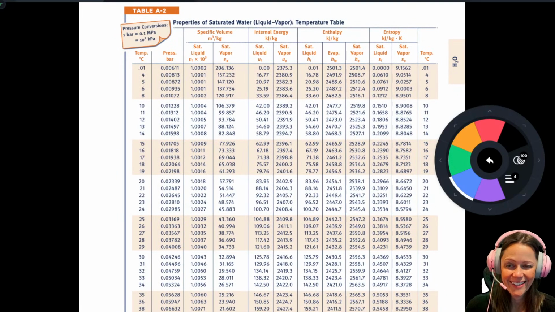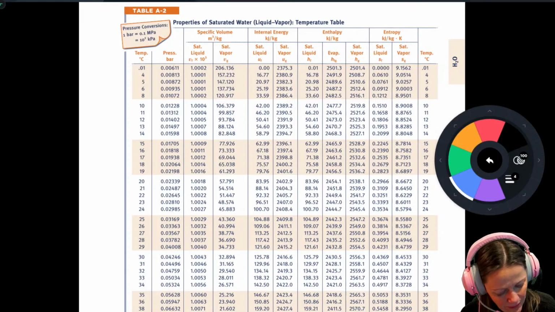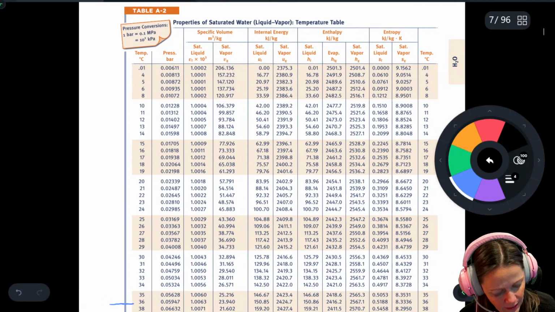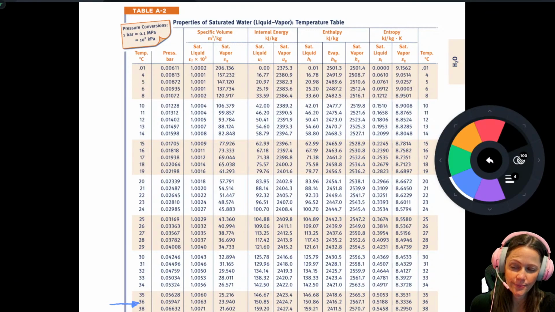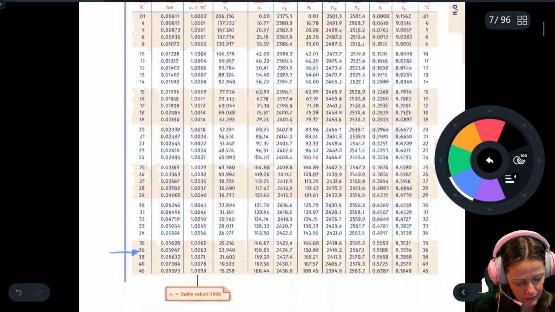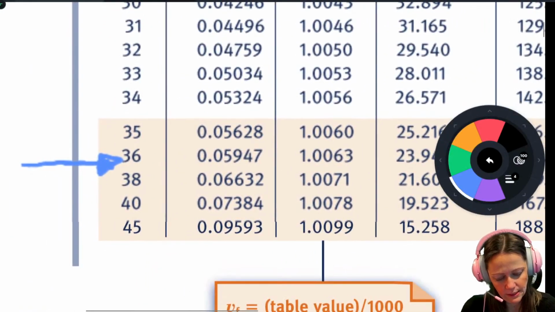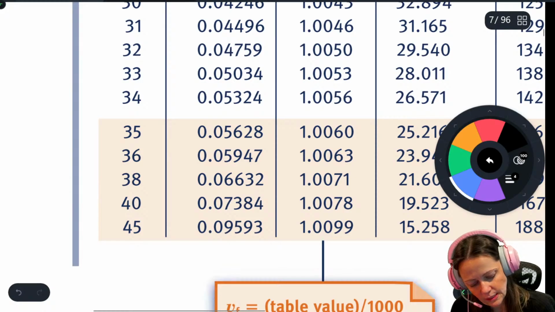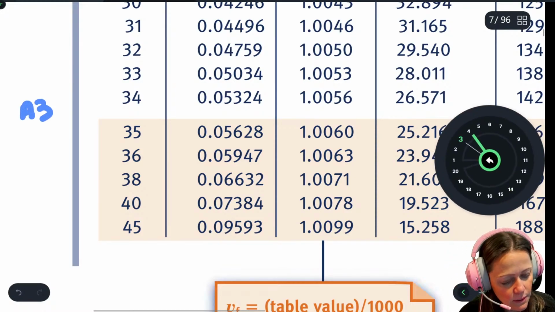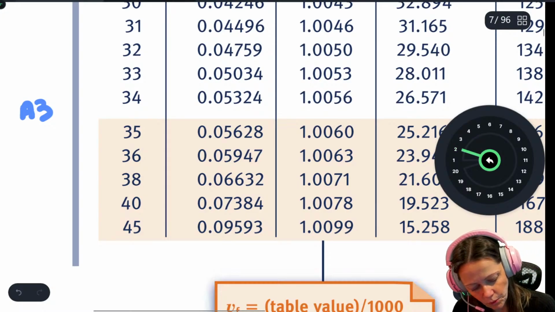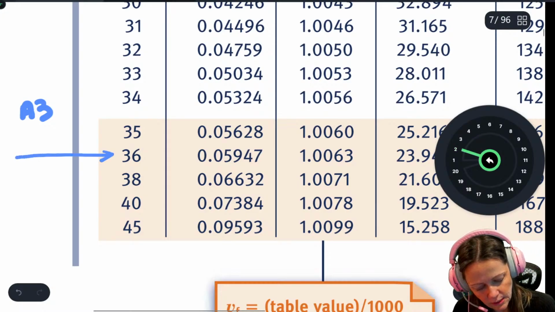So this is table A2, and this is the line that I'm looking at. And yeah, that's pretty awful, so I'm actually going to zoom in on this. So this is table A3. It's a little smaller. Looking at 36 degrees.